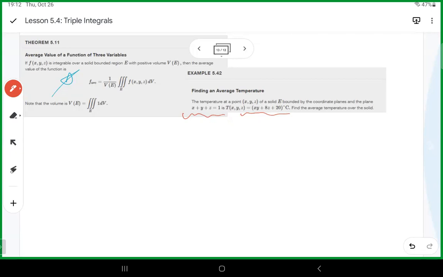Notice that the plane x plus y plus z equals 1 would have intercepts at (1, 0, 0), (0, 1, 0), and (0, 0, 1).